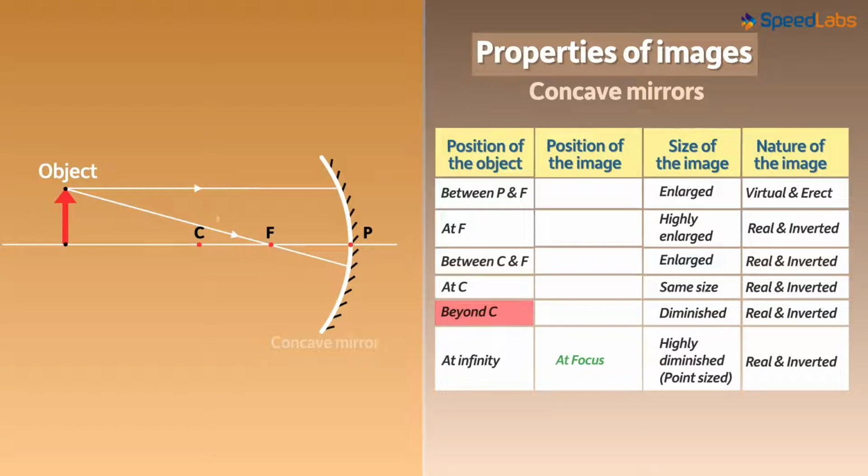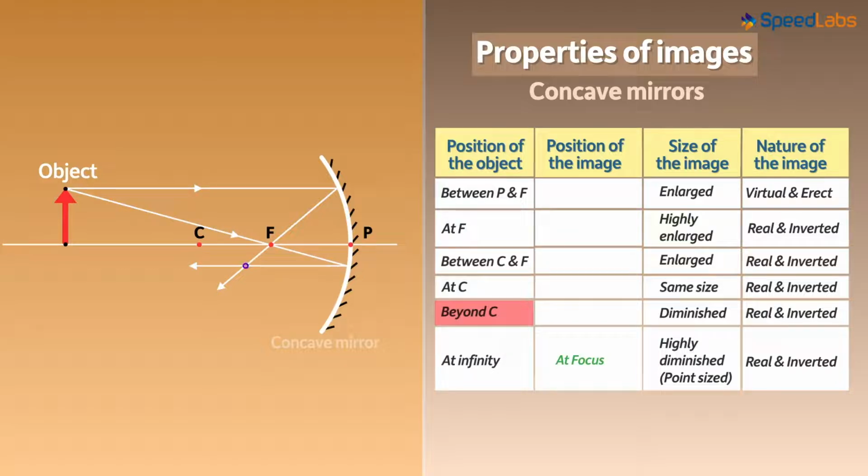But then why did I choose these 2 rays only? Because we already know that rays which are parallel to the principal axis will converge at the principal focus. Yes, we had also seen in our past videos that the rays which are passing through the principal focus will travel parallel to the principal axis after reflection from the concave mirror. So we know now that after reflection, this ray will pass through the principal focus and this ray will travel parallel to the principal axis.